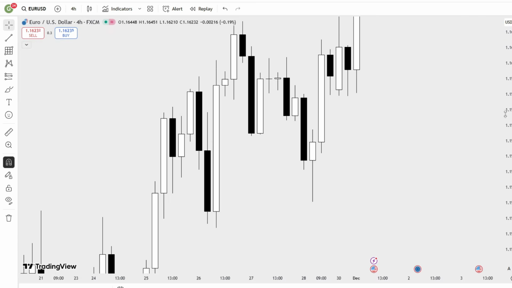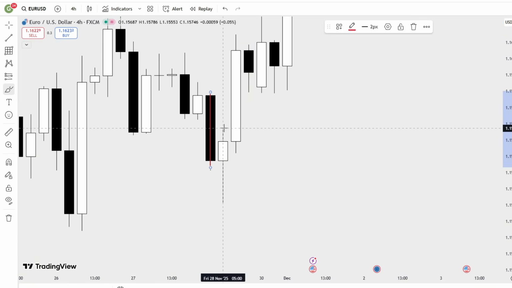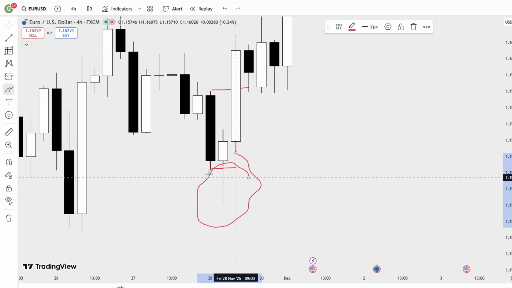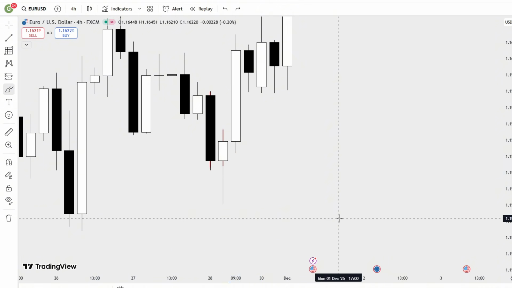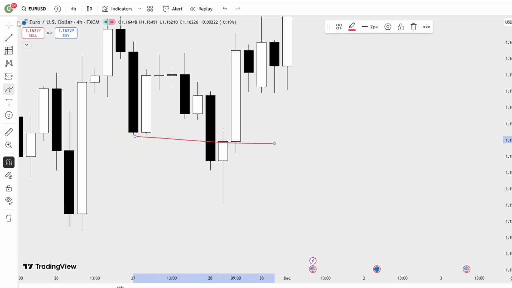Look, same thing here, 3 candles, right? First candle, second candle sweeps the first candle low, third candle creates a high. So here you have a valid structure, okay? And plus you have the sweep.